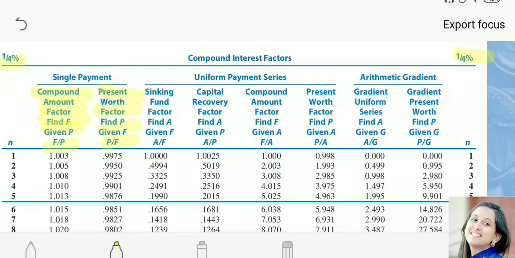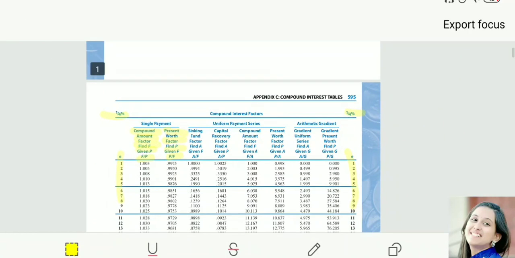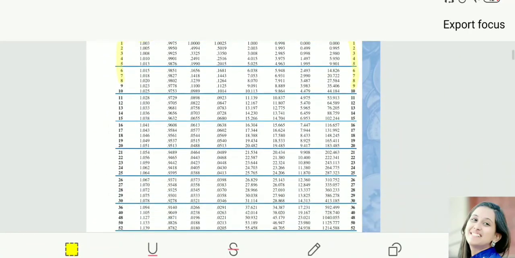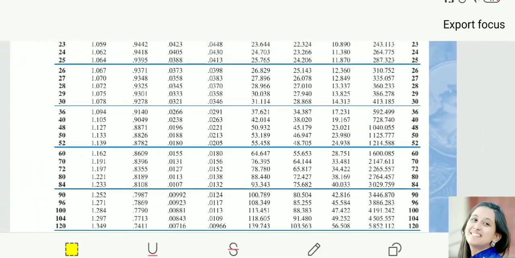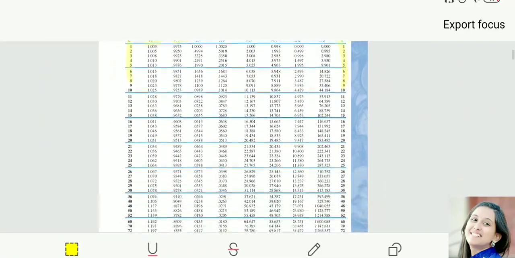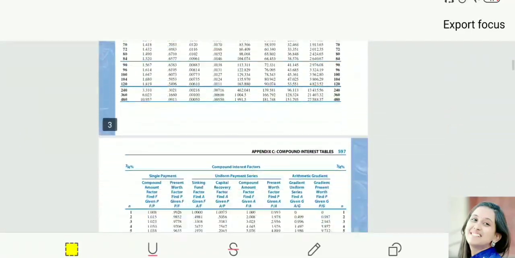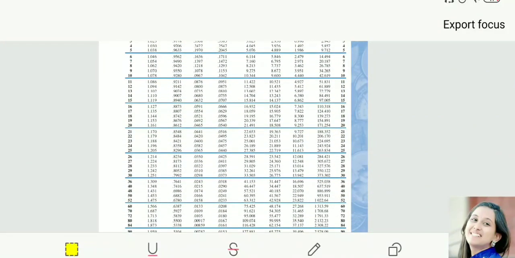At the left hand corner and right hand corner you have n divided into different time periods. You can check that we have different values for different rates of interest and different n years. Now in the present problem, what is given to us?